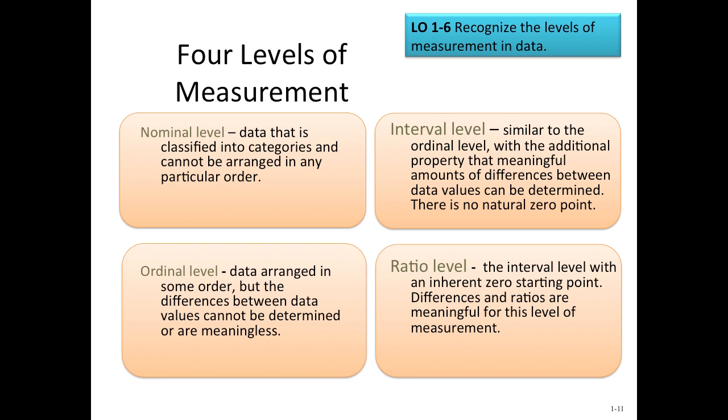But in kelvins, 0 does mean a complete lack of movement in the atoms, therefore lack of temperature, right? So kelvins would be ratio level measurement, but Fahrenheit and Celsius are only interval. Makes sense?